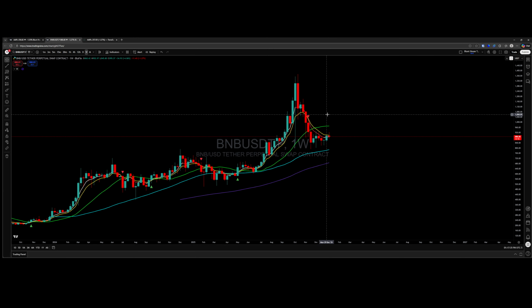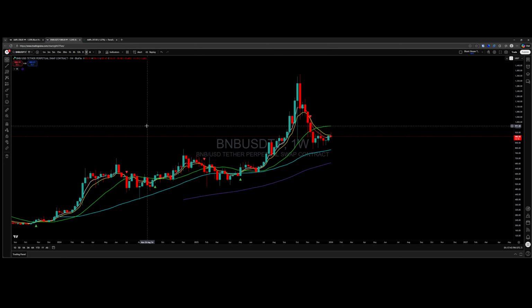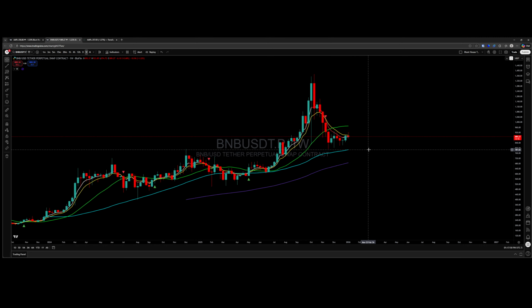So what I like about this weekly chart from a trading perspective is that it's giving us a clear range between the 20 and the 50. We're kind of sitting smack dab in the middle of it at the moment, but that's okay, because what you're looking for is, okay, where's the downside? 787, and the upside is 971.